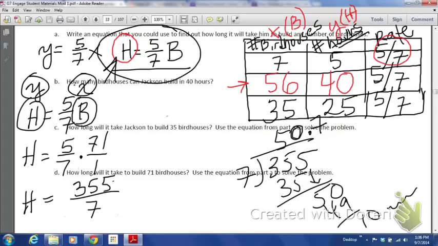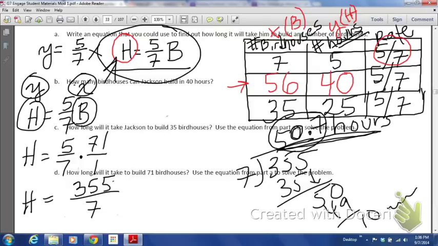We don't need to worry too much about the remainder. But we have 50.7 hours.